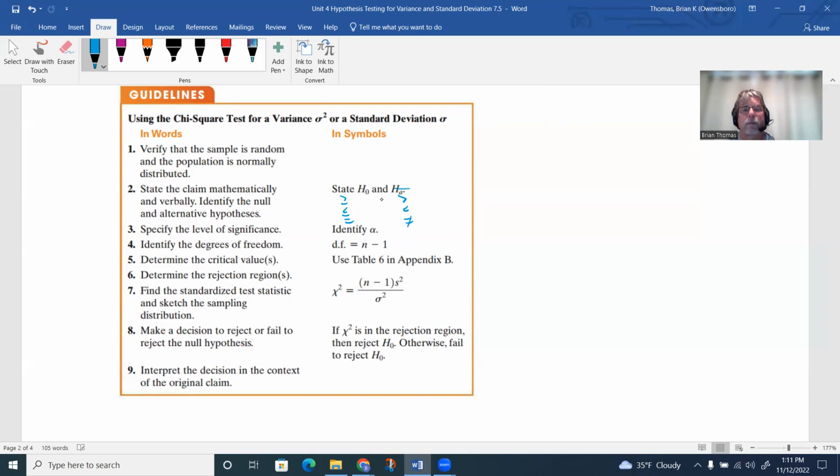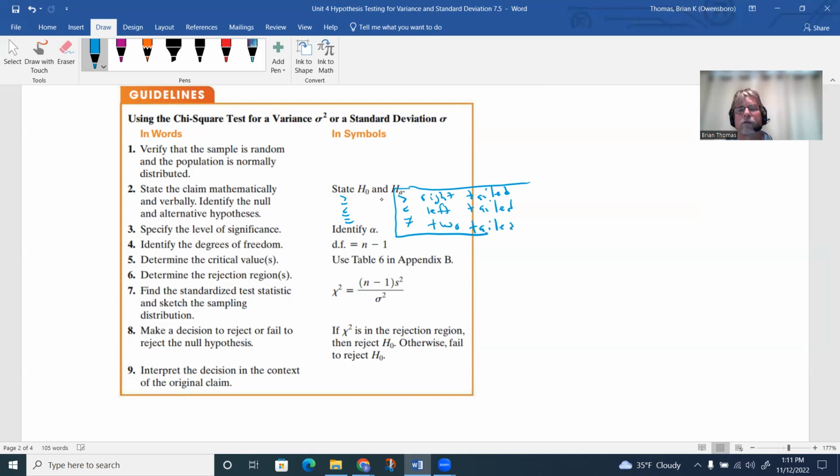And remember, these will tell you whether it's left-tailed, right-tailed, and so forth. Notice that greater than means you're going to be right-tailed. Less than is going to be left-tailed. And not equal to is going to refer to a two-tailed.